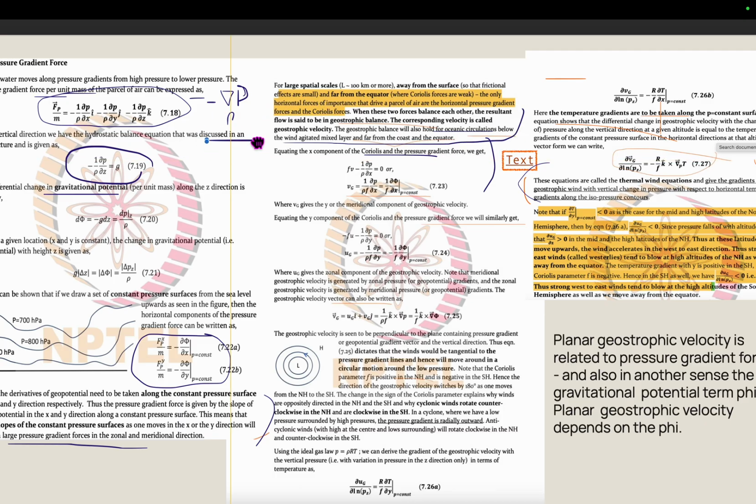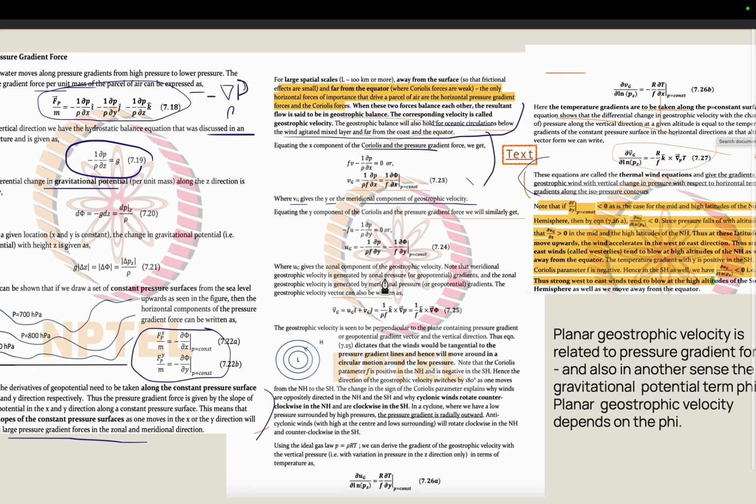Now if you write this 1 by rho del p del x for the i component and the j component, that is f v i cap and minus f u j cap from your Coriolis force, you would get one characteristic Vg, which is the meridional component of the geostrophic velocity, and also you would get another, Ug, that is known as the zonal component of the geostrophic velocity.